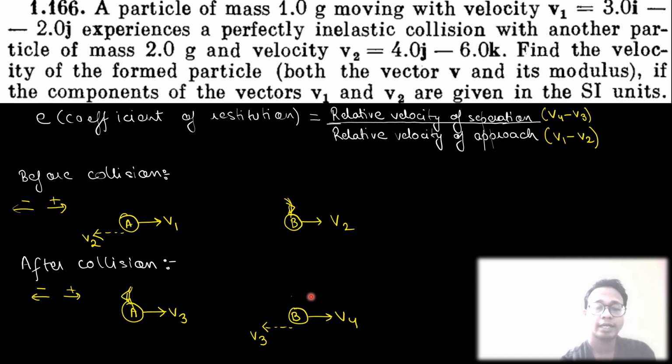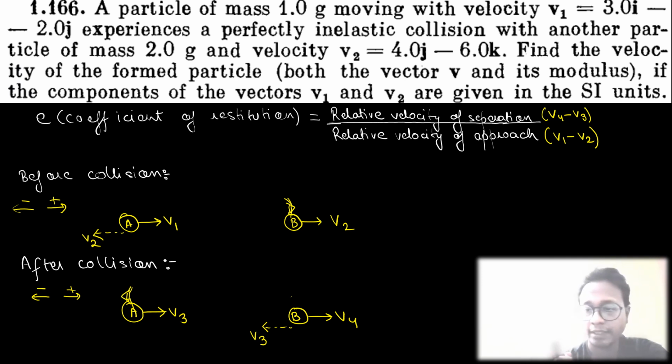It doesn't matter which frame of reference you see it from, as long as the frame of reference before collision and after collision are different, this formula will be correct. You already know the coefficient of restitution is 1 for perfectly elastic, between 0 and 1 for inelastic, and 0 for perfectly inelastic.